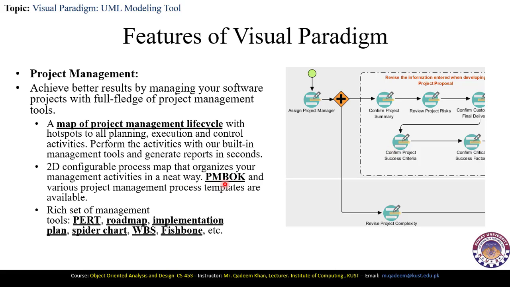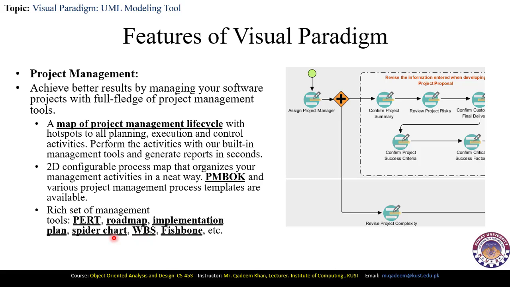Here, the business management body of knowledge and various other types of management process templates are available in Visual Paradigm. And it also has the right set of management tools including PERT tools. PERT is exactly like charting tools, roadmap, implementation planning, spider charts, which are web charts, and work breakdown structures, and similarly fishbone diagrams used for reasoning purposes.